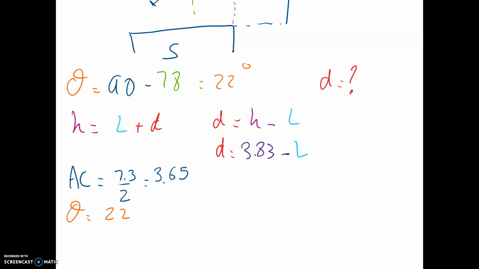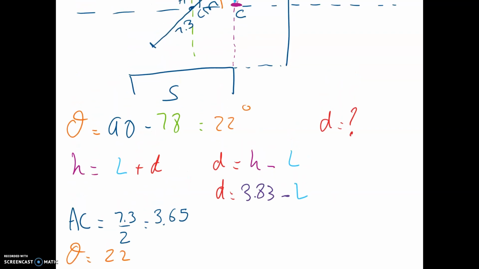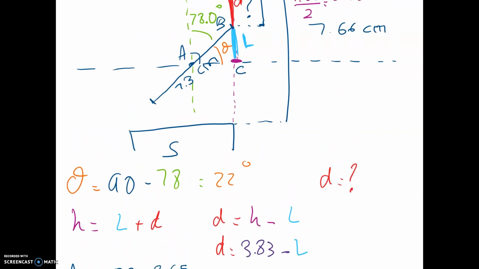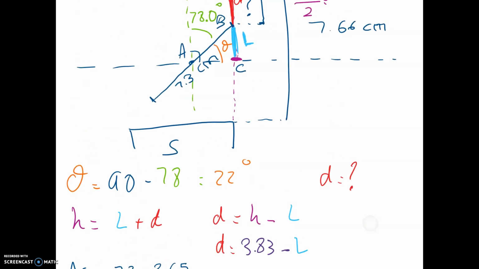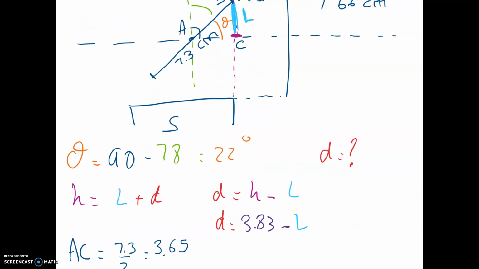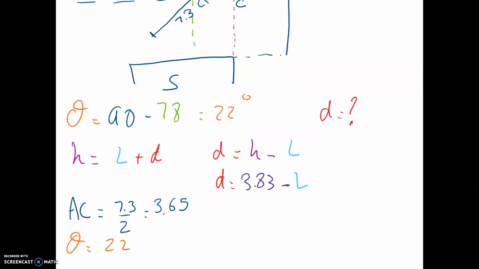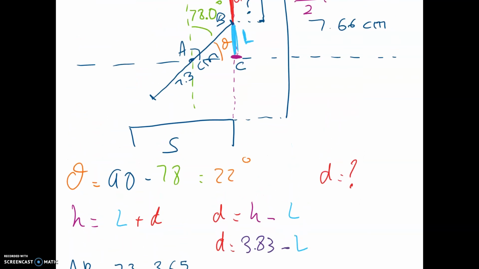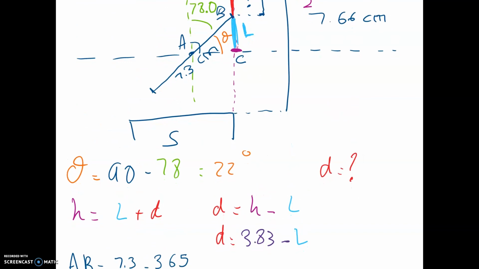So I know AB, which is the hypotenuse, which is even better. If I know the hypotenuse and the angle, L is on the opposite side of theta.